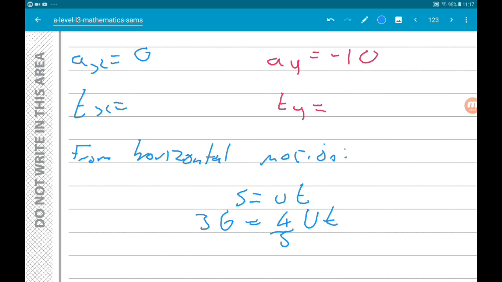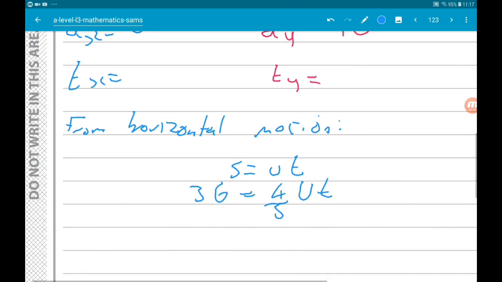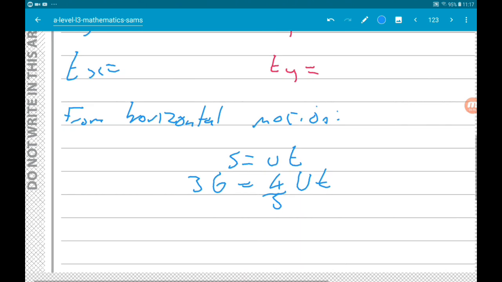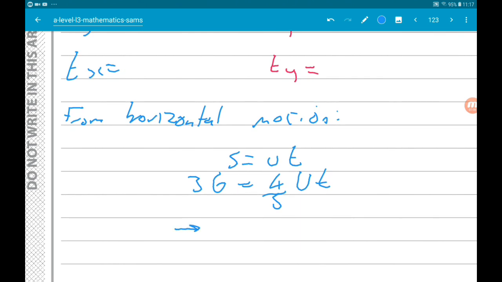So, if we divide by 4, we get 9, times by 5, we get 45. So, t is 45 over u.